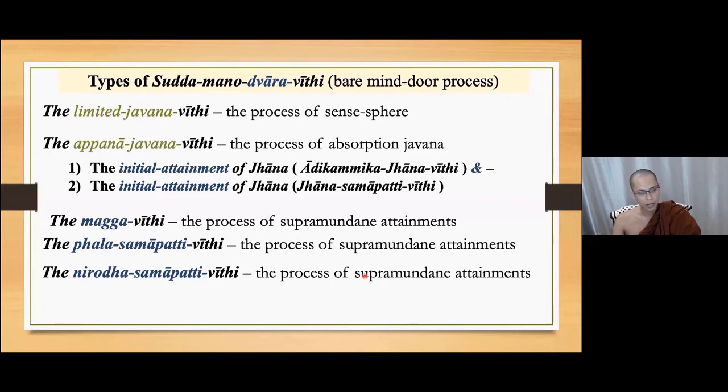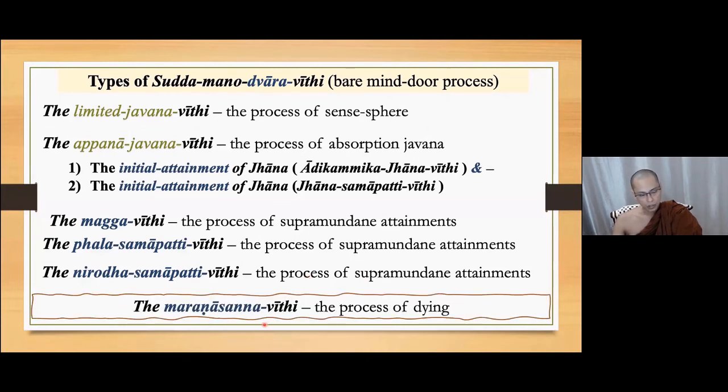That is nirodha samapatti, which will come in another lesson. And also the maranasanna viti, near that moment, how the mental process arises. So we will study different types of consciousness according to their process. This is the process we are going to study. Here we need to change it to the process of attainment of cessation, so the word initial should be removed.